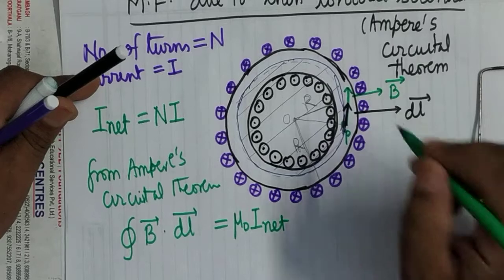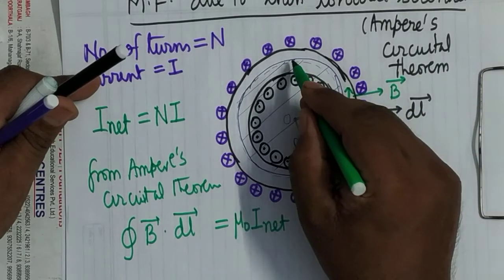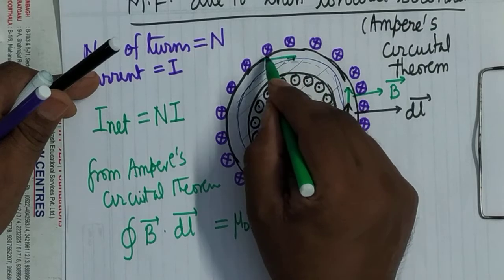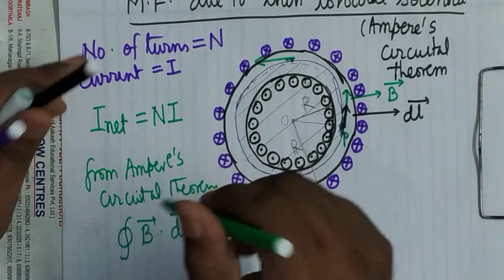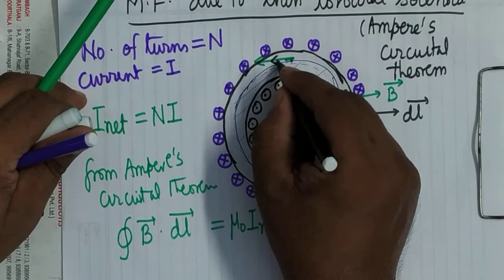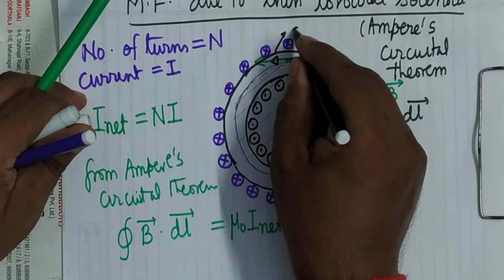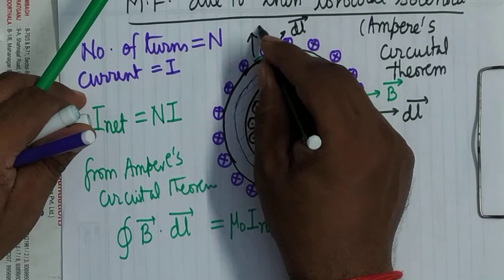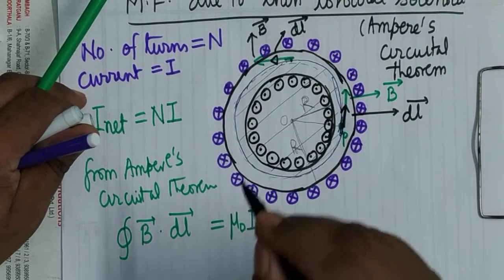What will be integral B dot dl? You take any point on the Amperian loop, at all of them vector B and vector dl both will be in the same direction. This is vector dl and this is vector B. All are in the same direction.